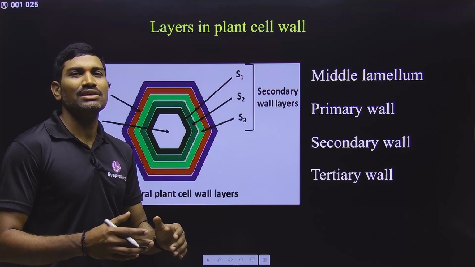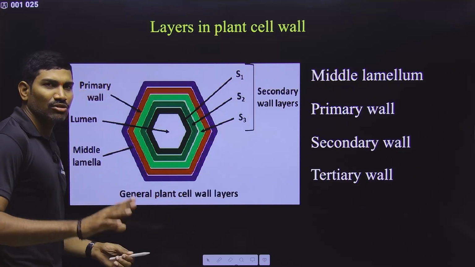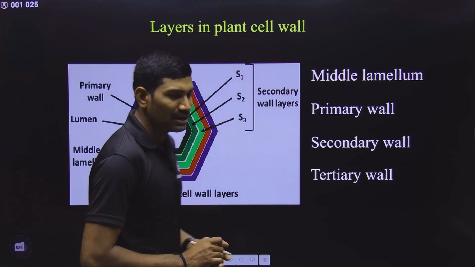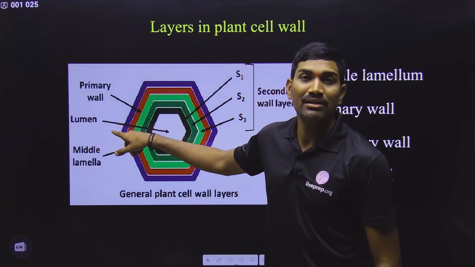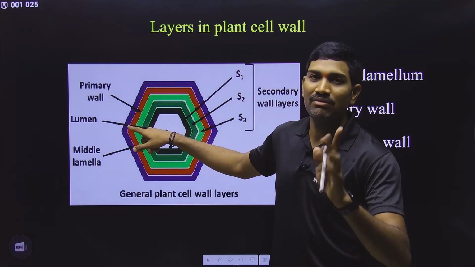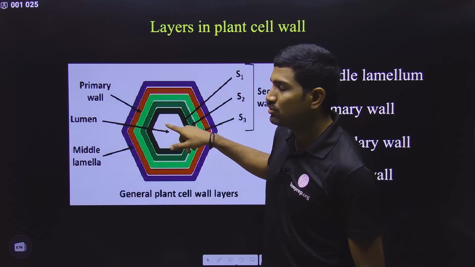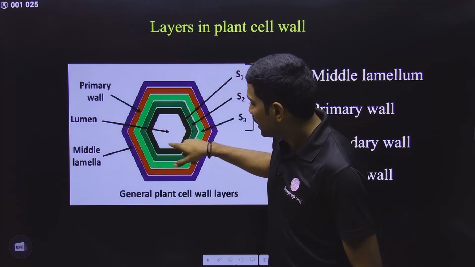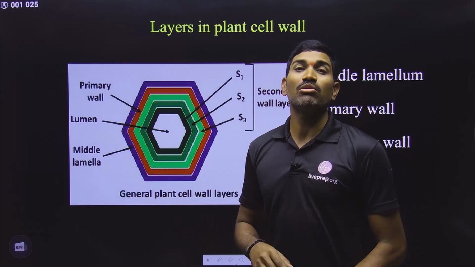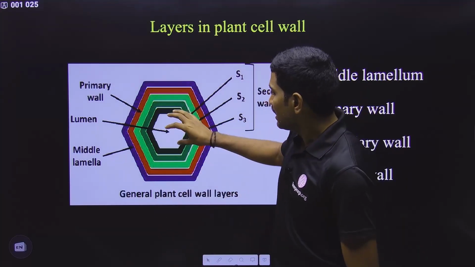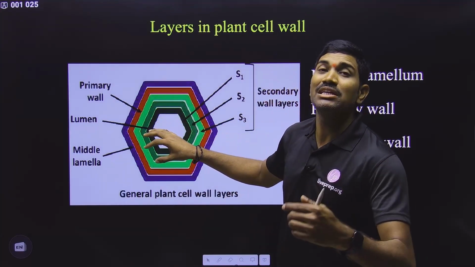And if we are observing the layers, before directly going to the layers, first observe this particular labeling. In this labeling, at the center, they have mentioned the lumen. And regarding the lumen, in the previous lecture I told you, when you use the term lumen, it is an empty space. Please remember, this is a cell, right? When we studied about Robert Hooke, at that time I told you, at the center, empty space is there.